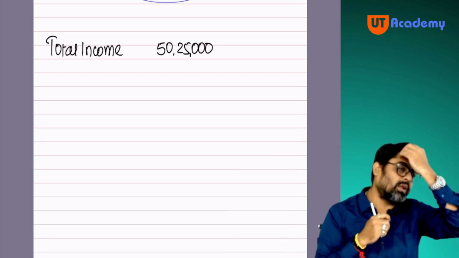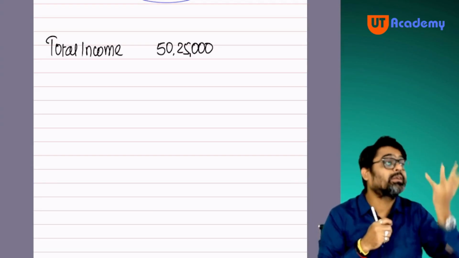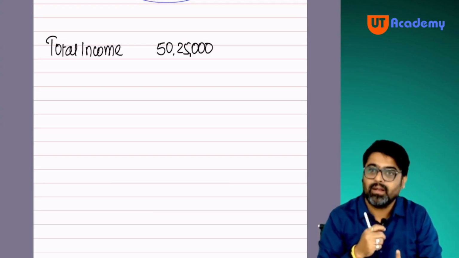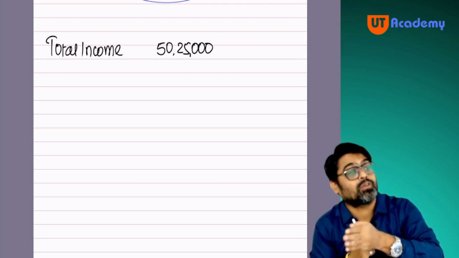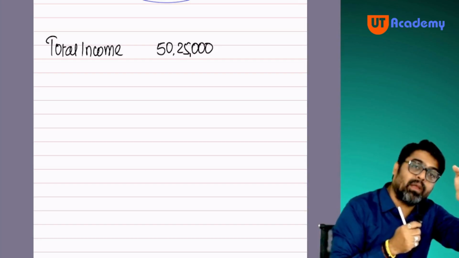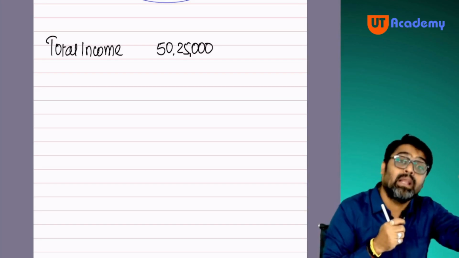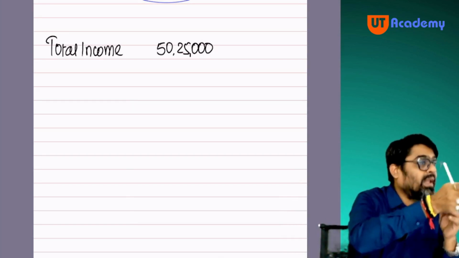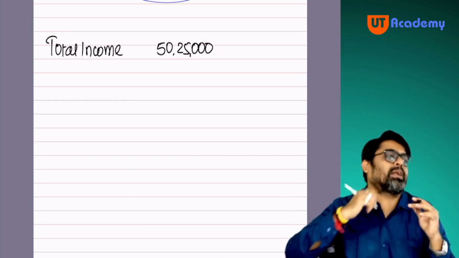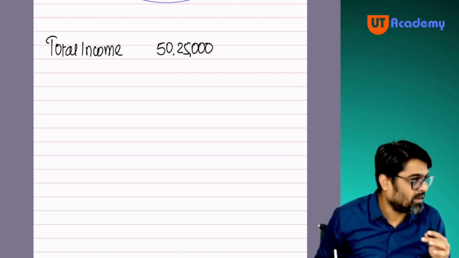Can I get a marginal relief in this case also? We will check. If my total income was from 50 becoming 51, I was getting a marginal relief. So if from 50 it is becoming 50,25,000, still I will get marginal relief. Getting my point? How come?